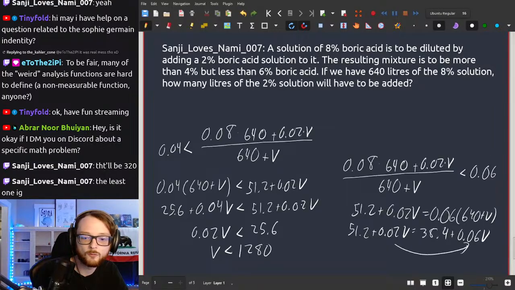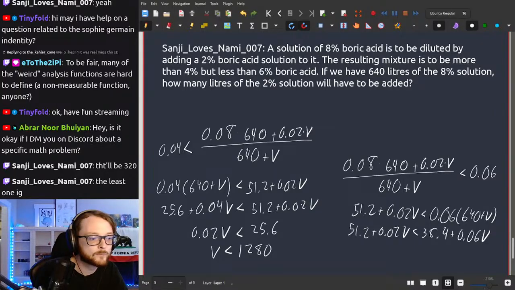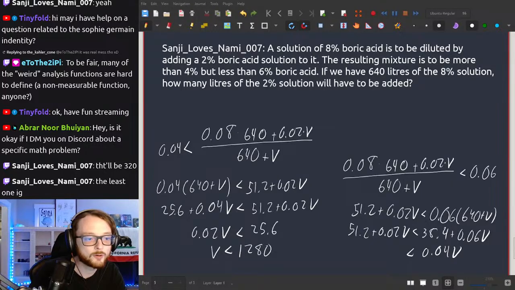Then subtract this over here, subtract that over there. Oop, not equals. We're going to get 0.04v greater than something. 51.2 minus 38.4 is 12.8.